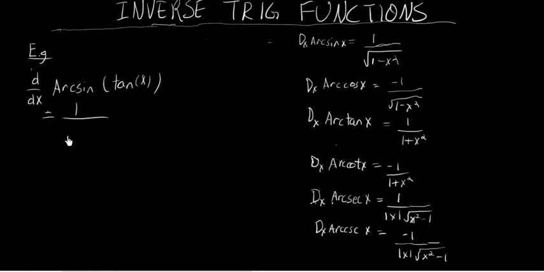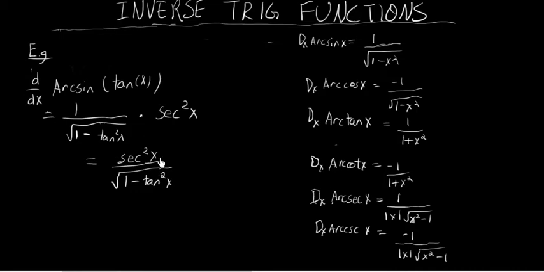So 1 over the square root of 1 minus u squared, so 1 minus tangent squared of x, times the derivative with respect to x of tangent of x, which is secant squared x. So this is just secant squared x over the square root of 1 minus tangent squared of x.